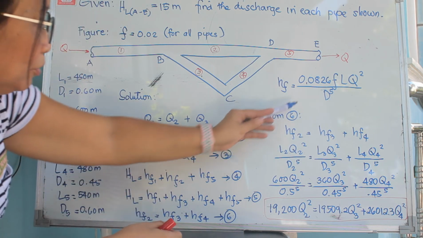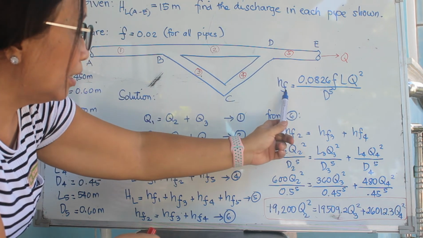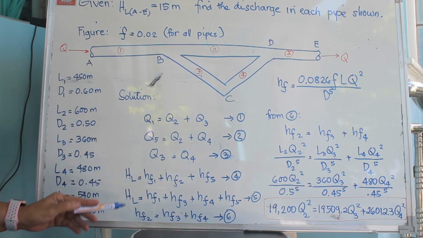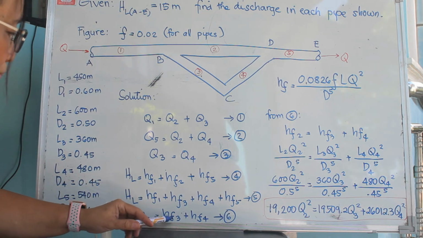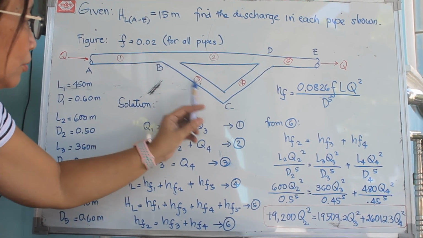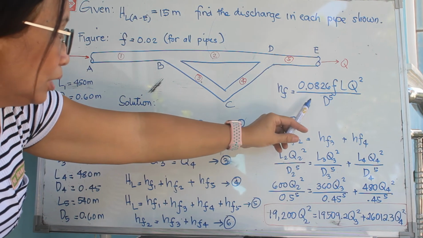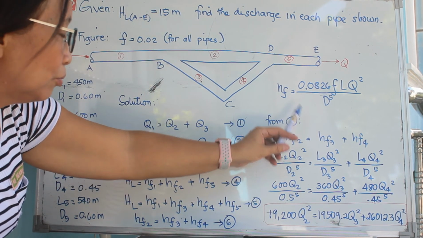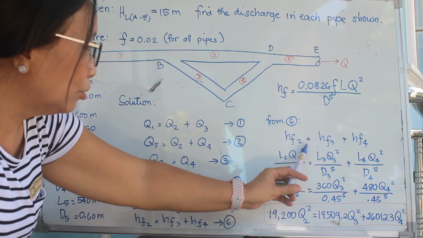Now, we are going to use this. What we are going to change are just the subscripts. For example, HF2, from equation 6, the friction loss at pipe 2 is equal to the friction loss at pipes 3 and 4, because these two are in parallel. So, substituting the Darcy-Weisbach value for the friction loss, only the subscripts change: 2, 3, and 4.